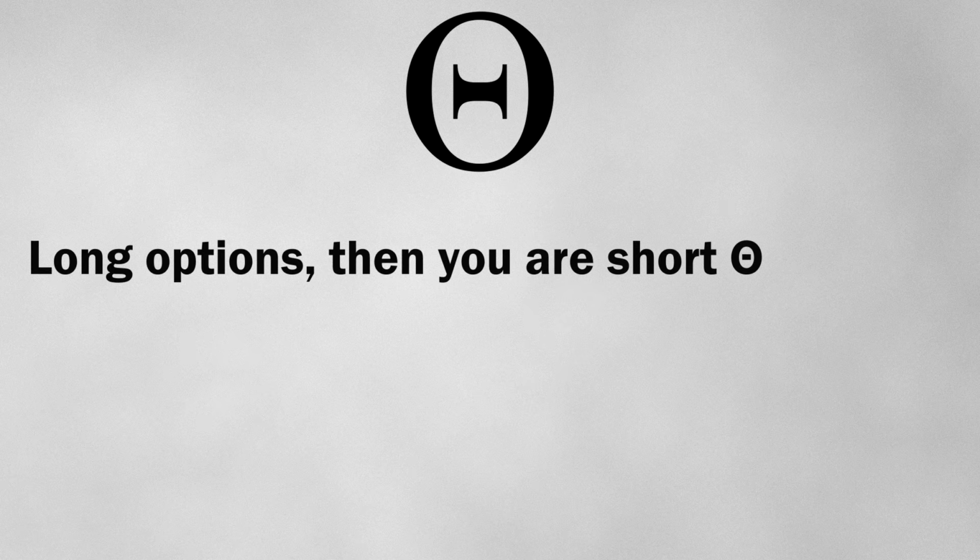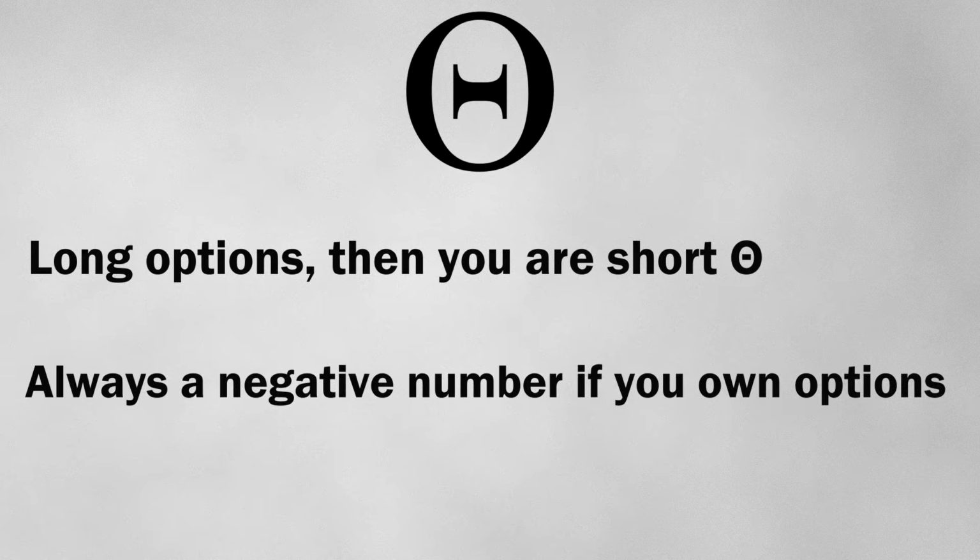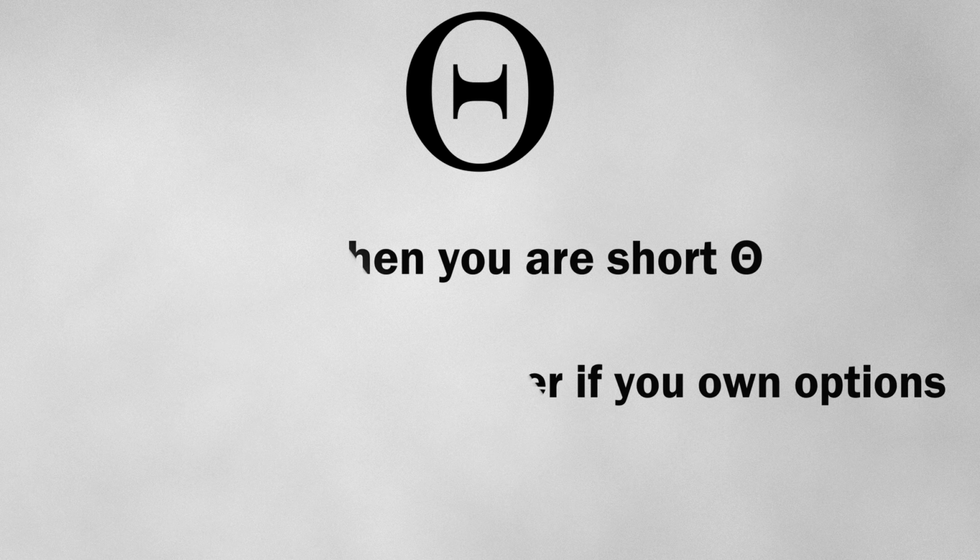Okay, so first of all, what is Theta? If you are long options, then you are short Theta. Theta is always a negative number if you own options. So all it tells you is, assuming everything else stays the same, the stock price, the implied volatility of the stock, how does the value of your option change day after day?